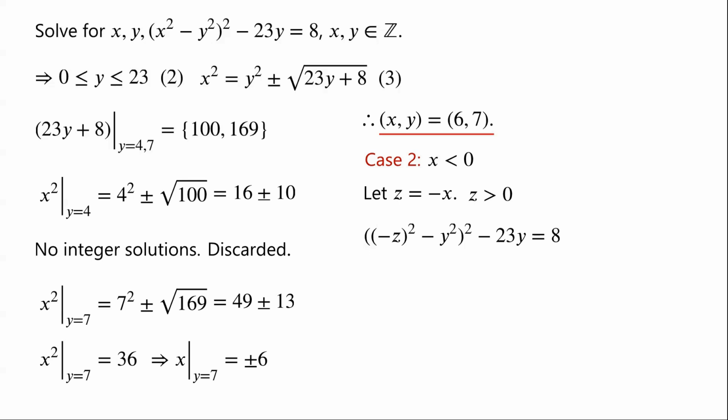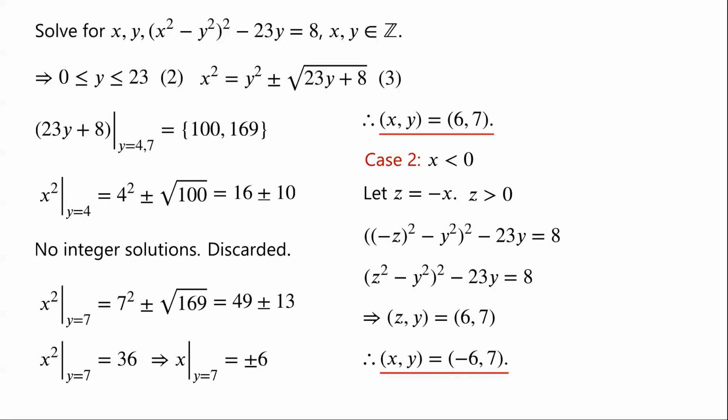So we can now write (z² − y²)² − 23y = 8. This is exactly the same as the original equation, except that x is replaced by z. So from case 1, we know this equation has a solution, (z, y) equals (6, 7). As x equals −z, therefore (x, y) equals (−6, 7).